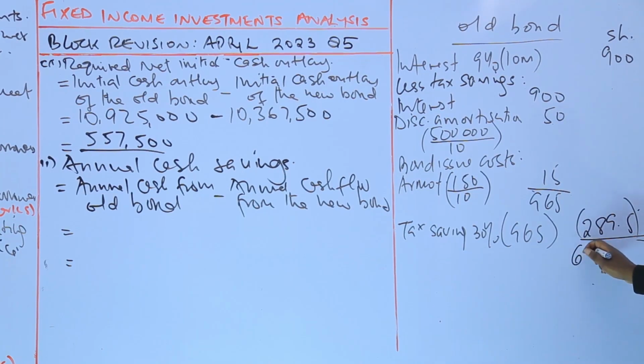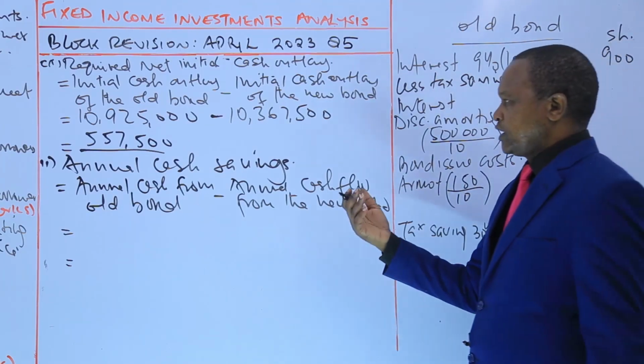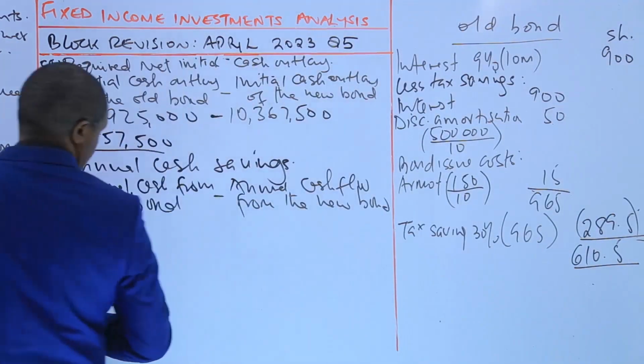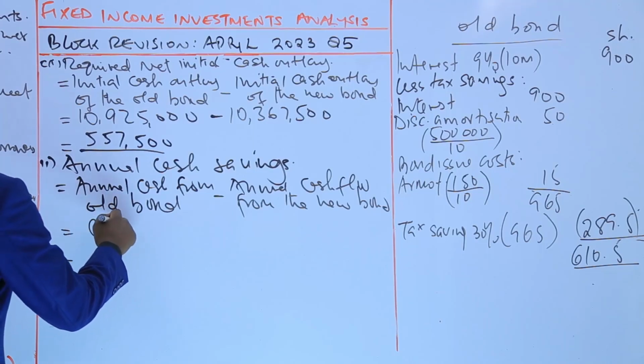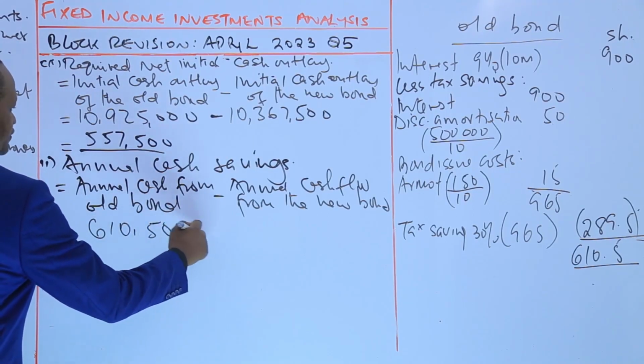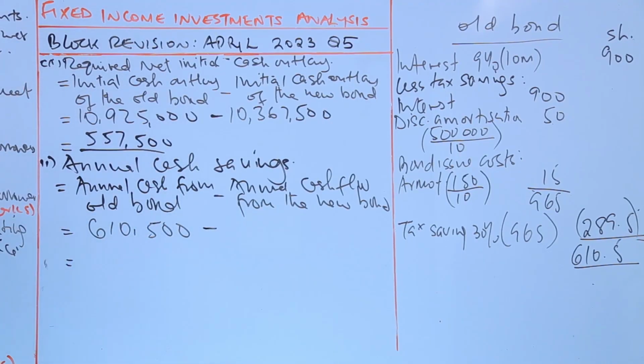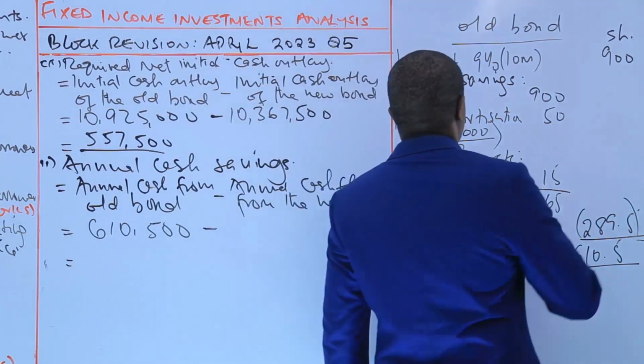This is equal to 610,500. 610,500 is the annual cash flow from the old bond. Do you understand?